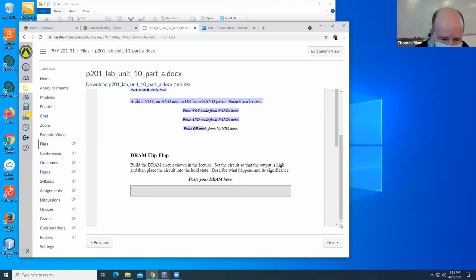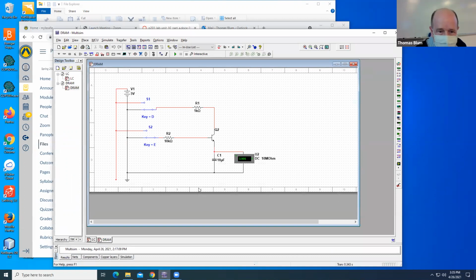Okay. So in this circuit, E determines whether or not you are writing. And so I will make first E high so I can write, and then I want to write a 1, so then I'll make D high. And then that will be a set. So if E is high, I'm either setting or resetting.